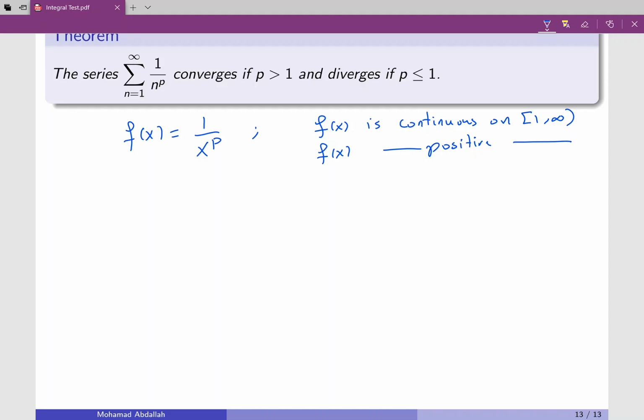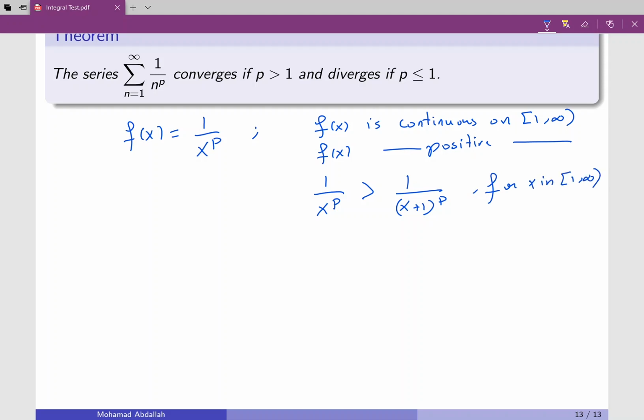it's decreasing because 1 over x to the power p is bigger than the next term, which is 1 over x plus 1 to the power p, for x in 1 to infinity.